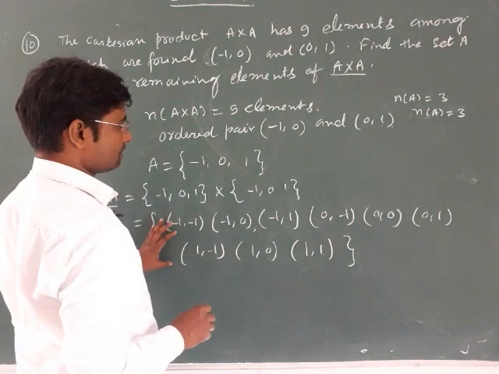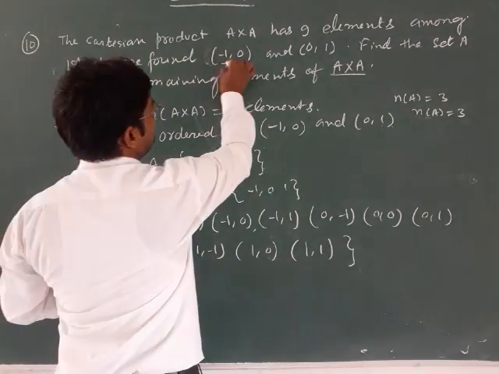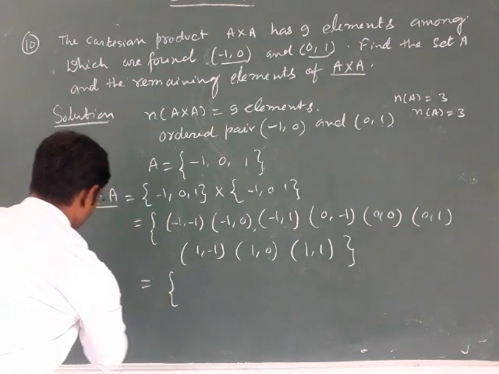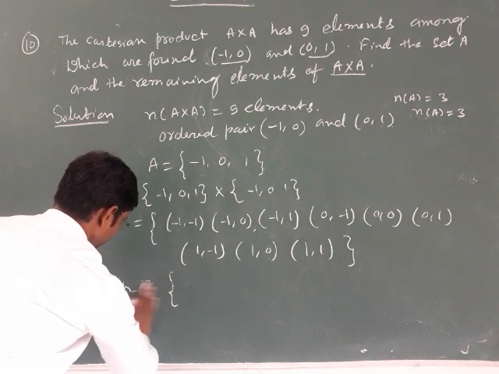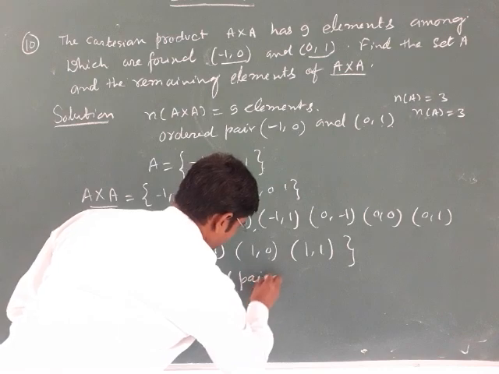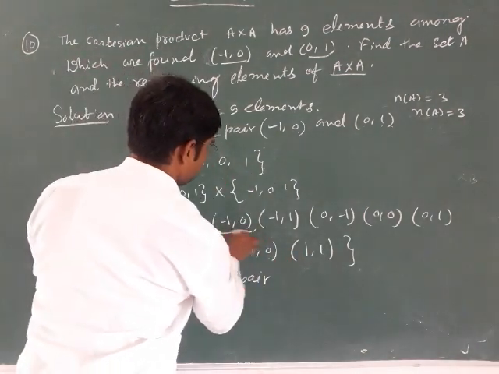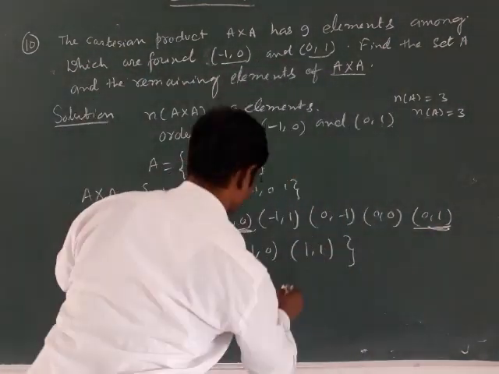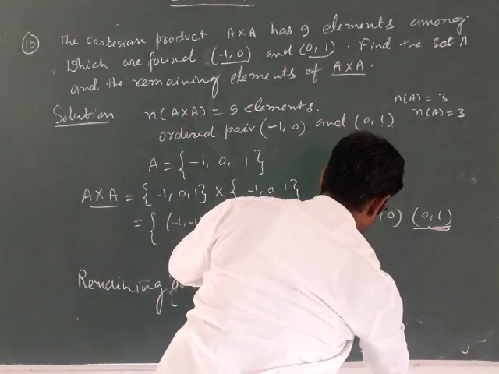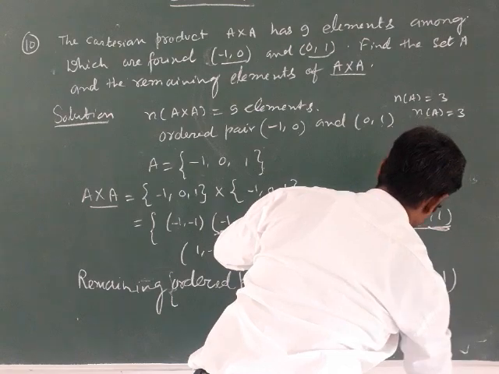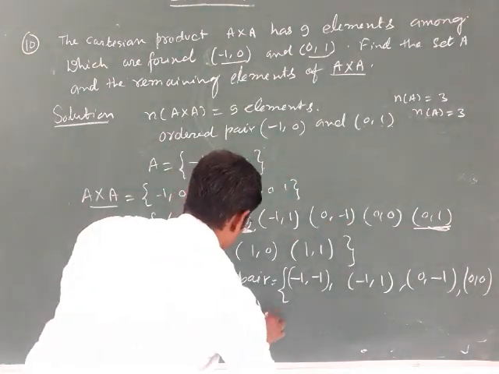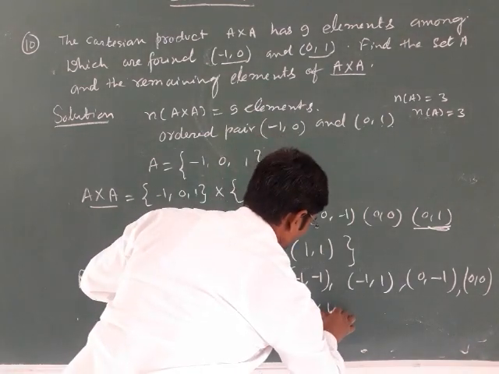But in A cross A, the ordered pairs (-1, 0) and (0, 1) are already given, so excluding them, the remaining ordered pairs are (-1, -1), (-1, 1), (0, -1), (0, 0), (1, -1), (1, 0) and (1, 1).